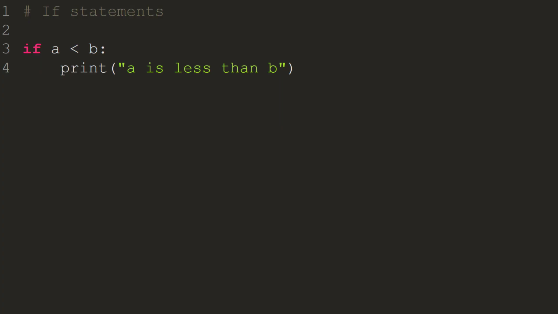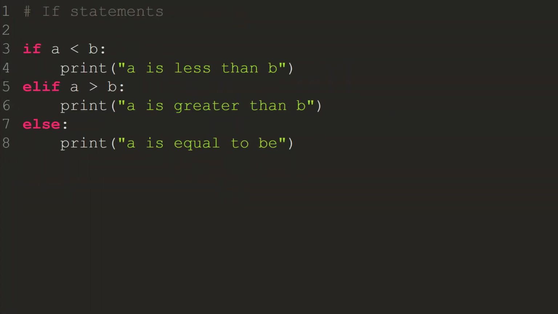Review. With the introduction of if statements, we've learned how to run code only if a condition is true. By adding in elif and else statements, we can run one of multiple possible code blocks depending upon a condition. We've learned that we write conditions using comparison operators, like less than and greater than.